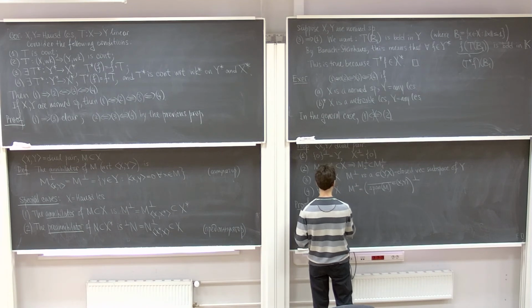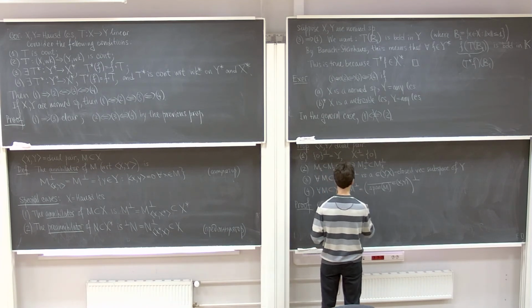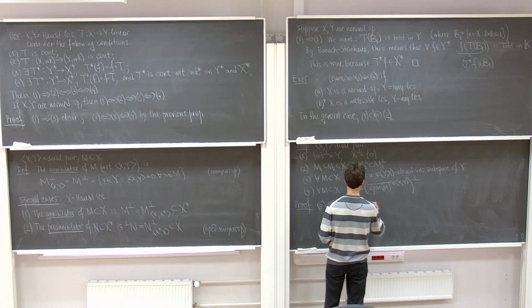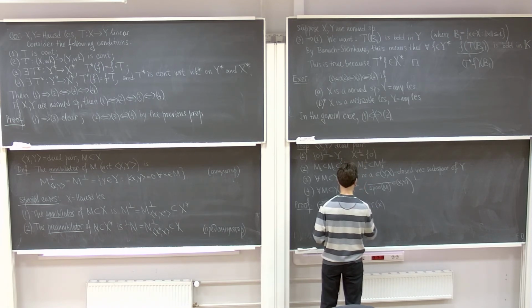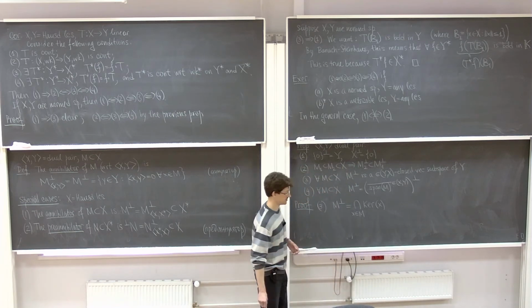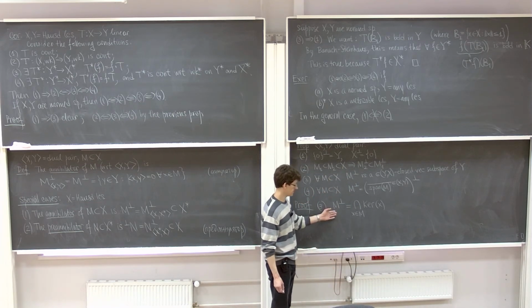so we can write the annihilator in the following way. We interpret each element of X as a linear functional on Y. And by the definition of the annihilator, we can write the following equality.